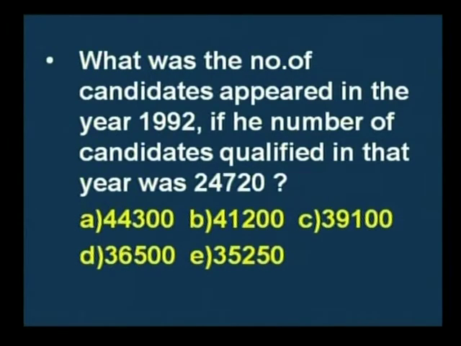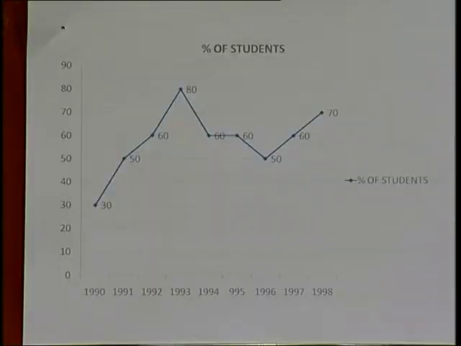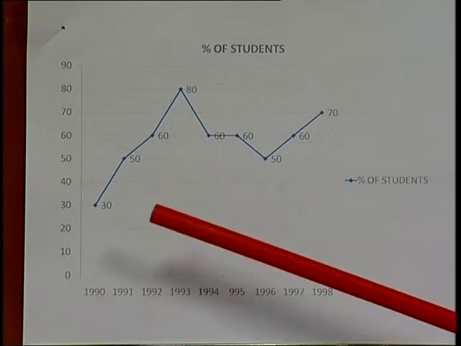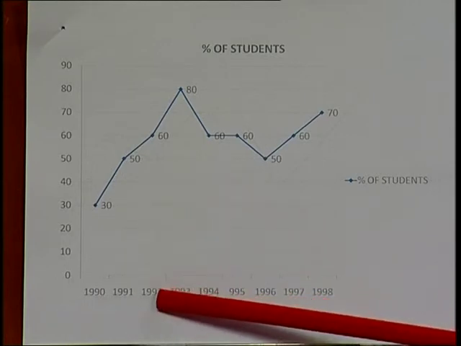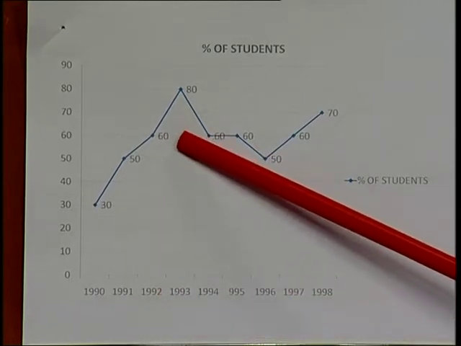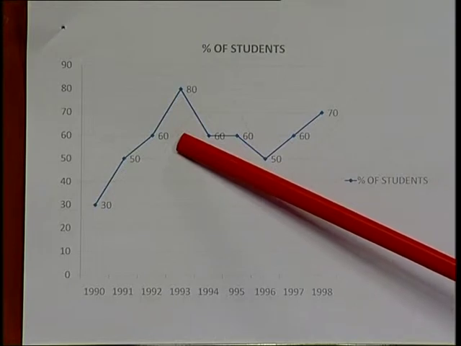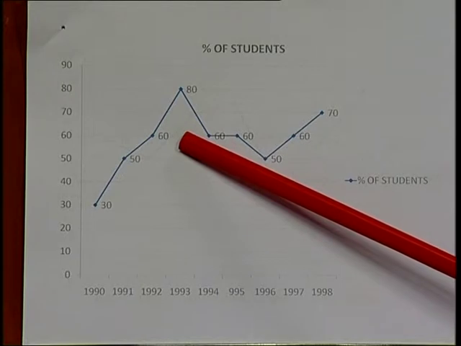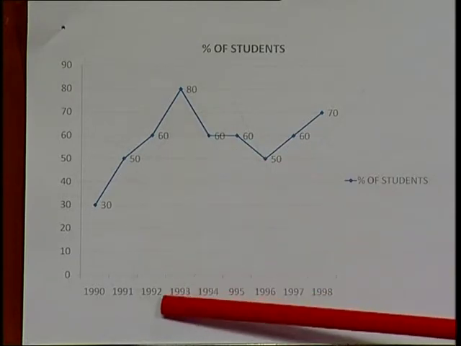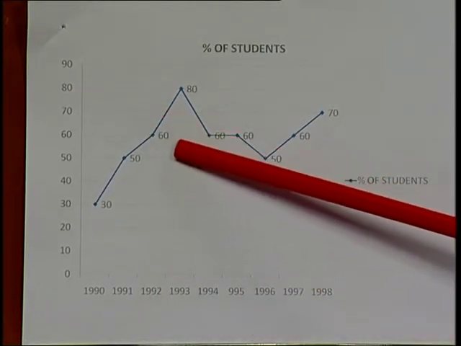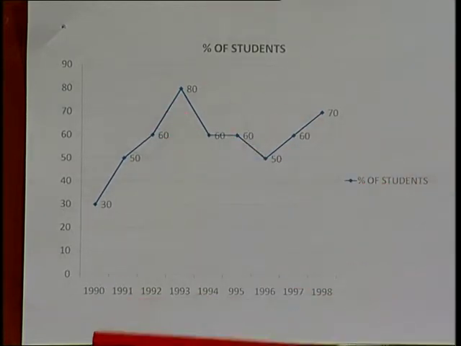What is this 24720? 1992కి సంబంధించిన పర్సంటేజ్లో ఏదైతే ఇచ్చాడో మనకి దాని నుంచి తీసుకోవాలన్నమాట. సో జస్ట్ లుక్ ఎట్ ది గ్రాఫ్. 1992లో వాట్ ఈస్ ది పర్సంటేజ్ హూ హ్యావ్ క్వాలిఫైడ్? మీరు ఈ గ్రాఫ్ చూసినట్టయితే ఇట్ ఈస్ 60. సో ఈ మనకి ఇచ్చిన ఫిగర్ 24720 ఇస్ వాట్? 60%. సో 1992లో ద క్వాలిఫైడ్ పర్సంటేజ్ మనకు ప్లాట్ చేశాడు, దట్ ఈస్ 60.